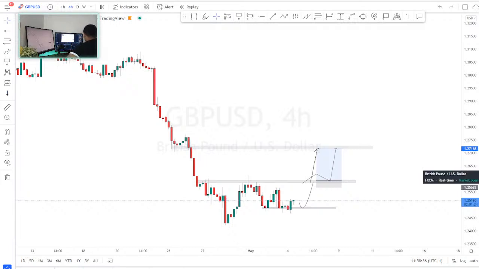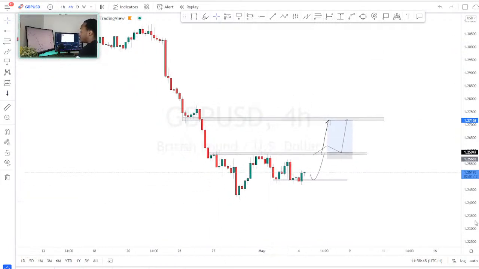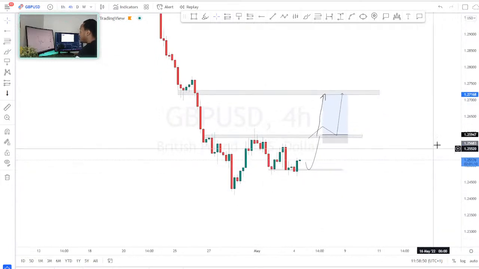Hopefully NFP will push it up a bit. Yeah, I think the interest rates will do that today, to be fair. The Fed interest rates are at 7, which is in about 7 hours from now. And we do have pound interest rates tomorrow as well, so that could bring a bit of life to pound as well. We've got pound at 12, just right at the end of the stream tomorrow.